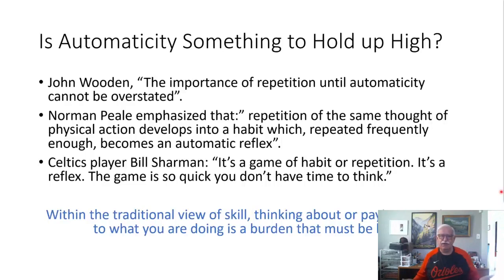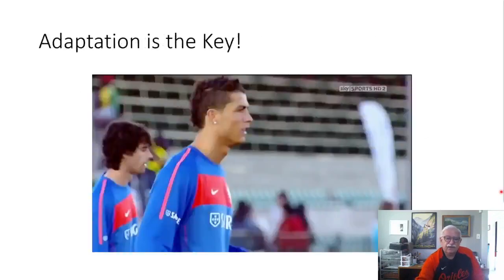This is almost when people talk about muscle memory, which if you're around me, please don't say it. Bill Sharman of the Boston Celtics, that's basketball, said, it's a game of habit or repetition, it's a reflex. The game is so quick you don't have time to think. I think he's right in that you don't have time to consciously make decisions about what you want to do, but it's not absolute repetition. So with this traditional view of skills, thinking about or paying attention to what you're doing is a burden that must be lifted. So adaptation is the key.